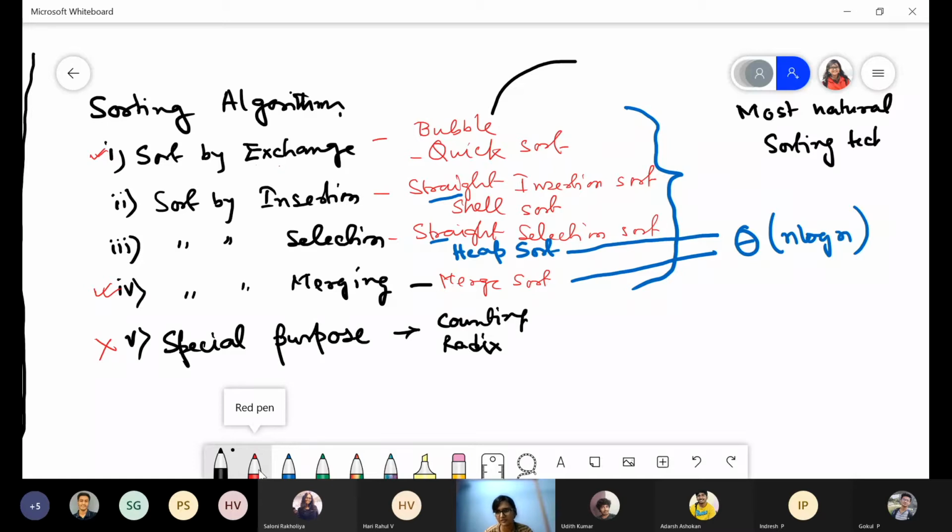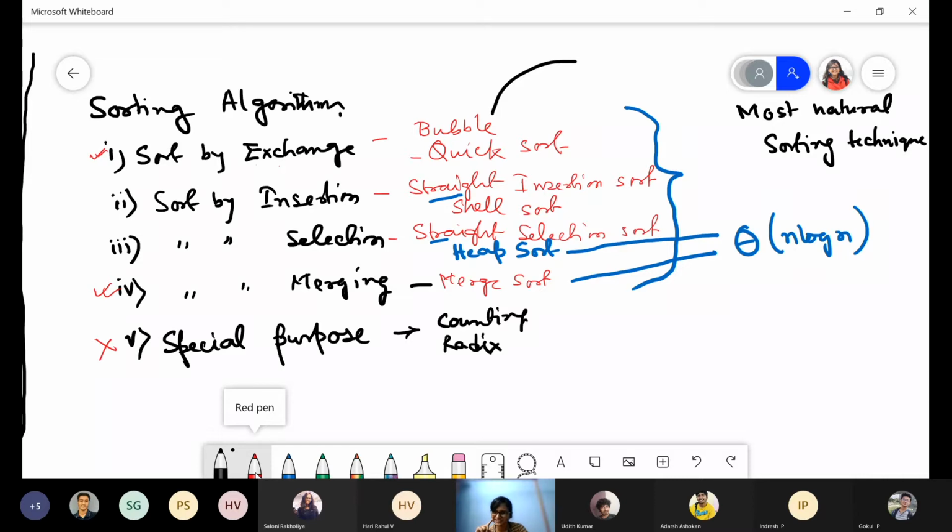Bubble sort is, to some extent, natural. I agree. Selection sort? Not selection sort. Insertion, no? You are not going to try everything, right?